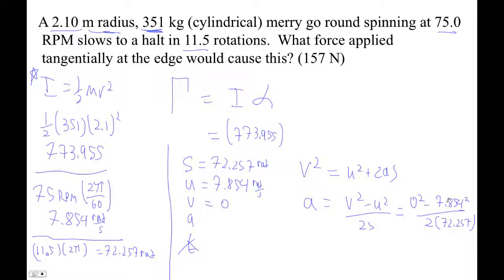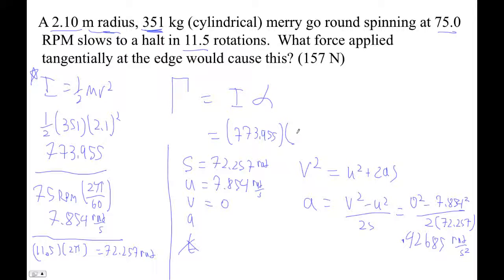Okay, so for me, I stored that in u, so I'm going to go alpha u. You're going to type that number in if you didn't store it, and then divided by 2, divided by s, for me, is where I stored that. Okay. 0.42685. And that's radians per second squared, right?